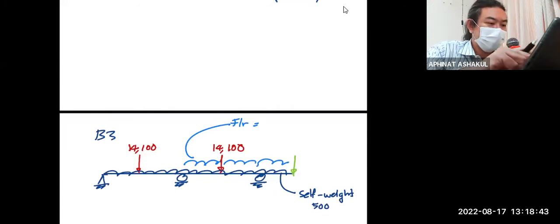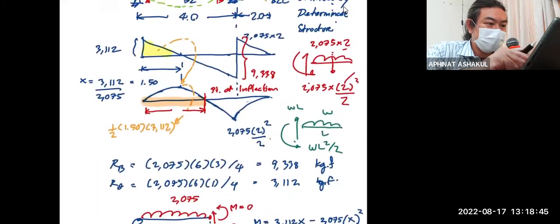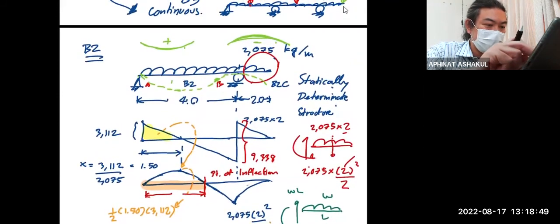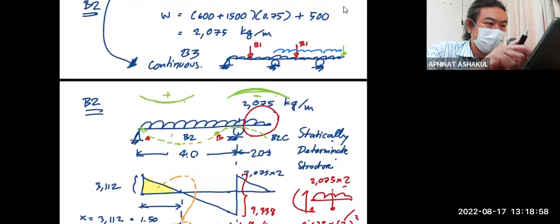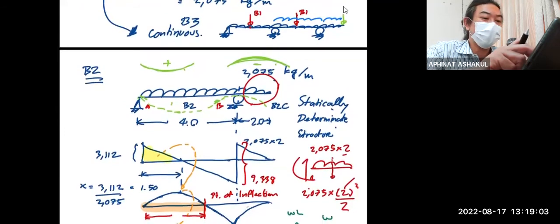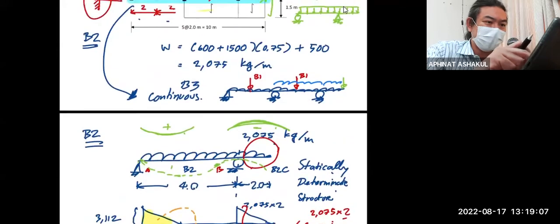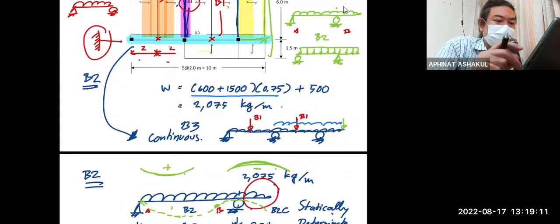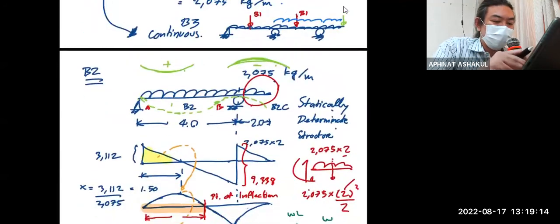This is the load including the beam weight. Did I forget to include the beam weight here? Oh, okay, I did. But that blue load is just this. So we need to do a new calculation.